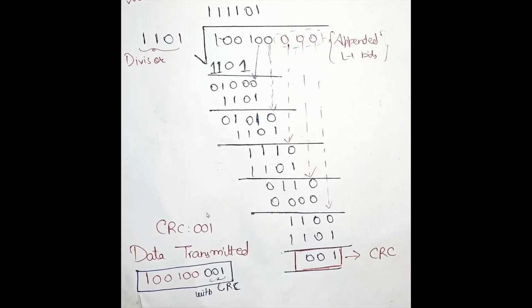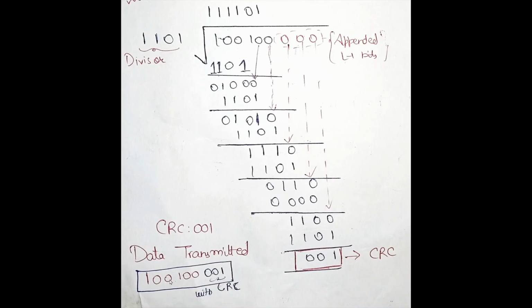Alright, how is the receiver going to check whether the CRC sent to me is right or wrong, whether the transmitted data has an error or not? So what it is going to do is take this entire block.